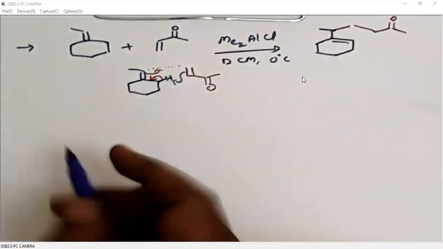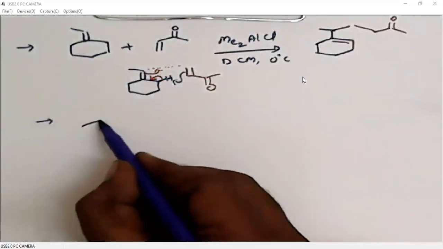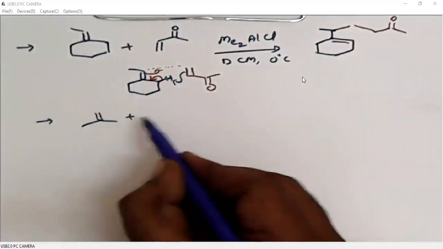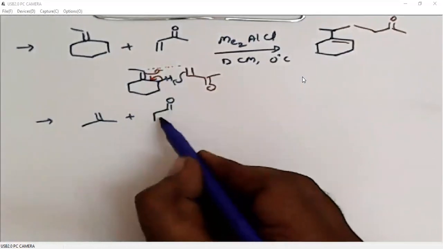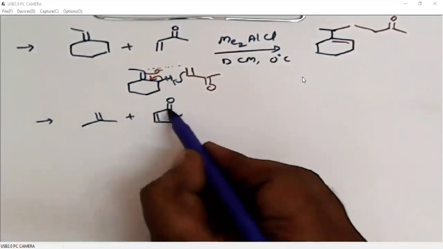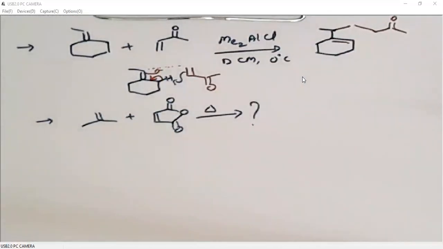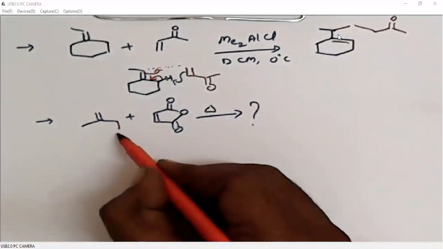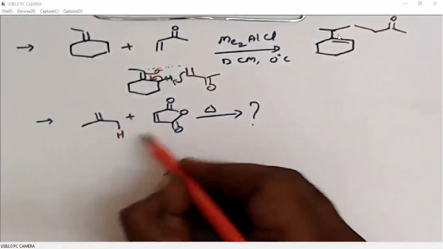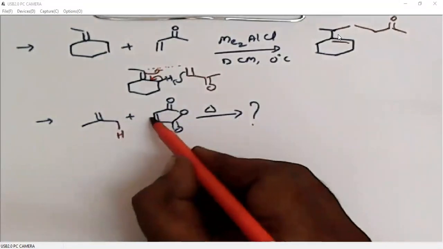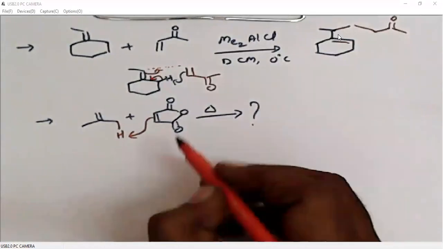Now I will give you one more example. You try to predict the product. When we want to look at the ene product, this is the allylic hydrogen. So this carbon will pick up this allylic hydrogen.